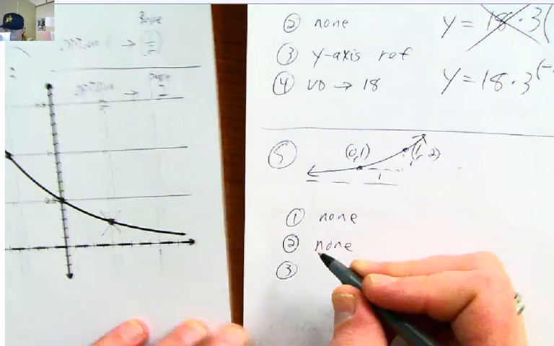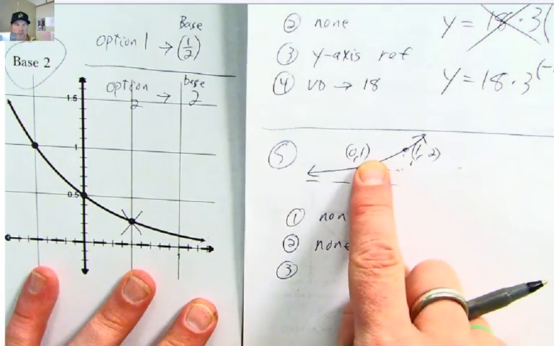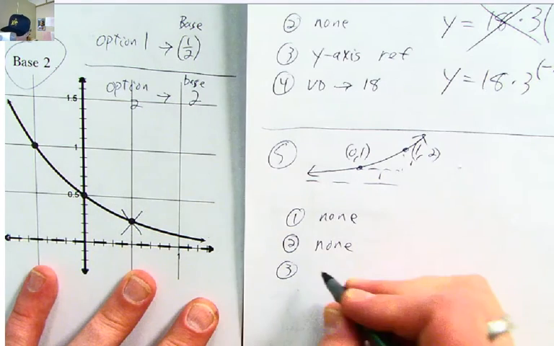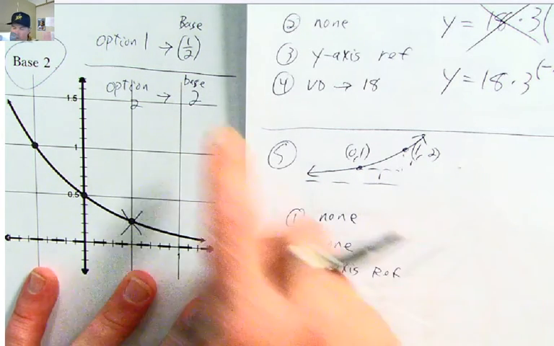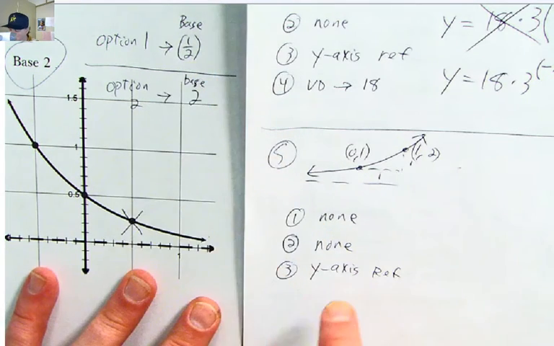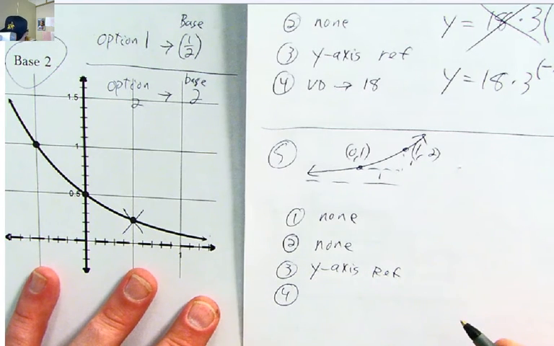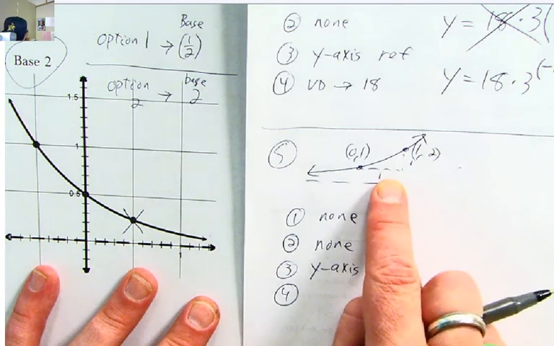Number 3, reflection. Well, I'm used to a base 2 looking like this, but this one looks like this, so that's a y-axis reflection. If you're doing base 1/2, there'd be no y-axis reflection, which would make that kind of nice. Number 4, dilation. I'm used to over 1, up 1.